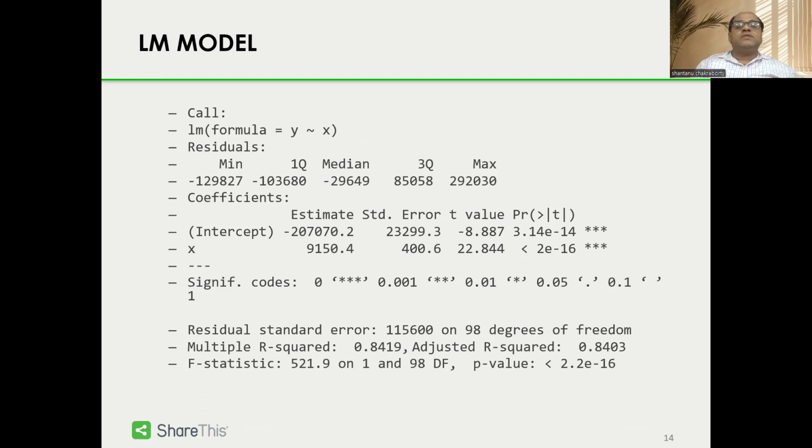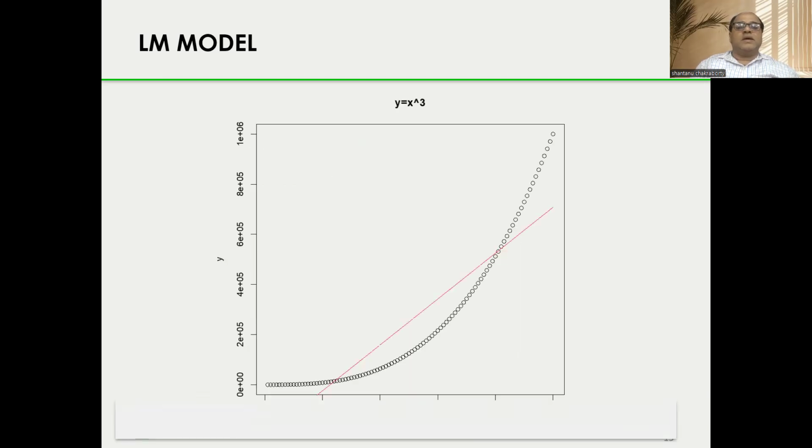It can also show us the value of R and R square respectively. And this is what the lm, or the linear regression model, looks like.